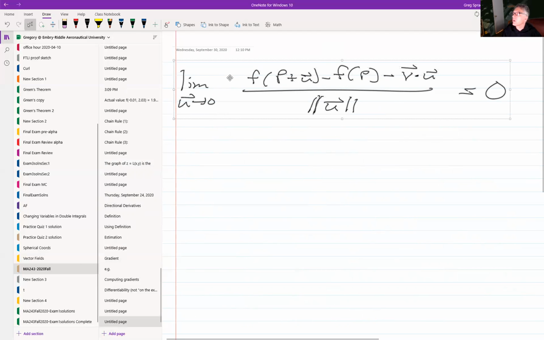Now let's verify that this really gives us directional derivatives.